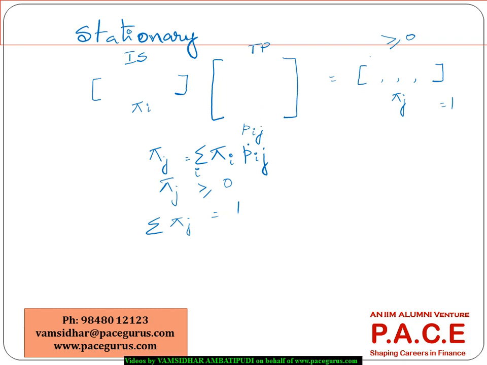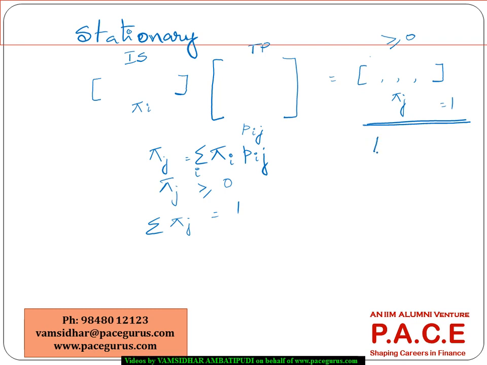So what it means is, in the long run, if this distribution is more and more stationary, or at any point after n steps my process reaches this state, it will be there only forever.